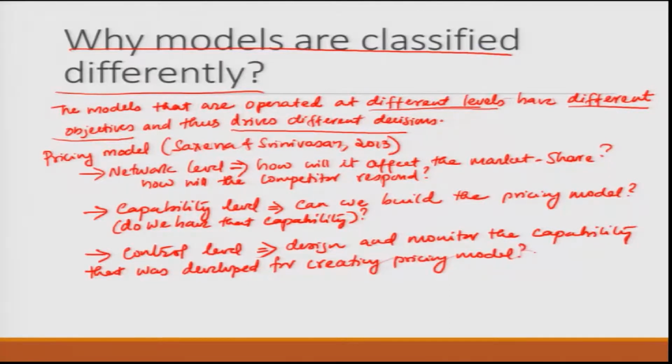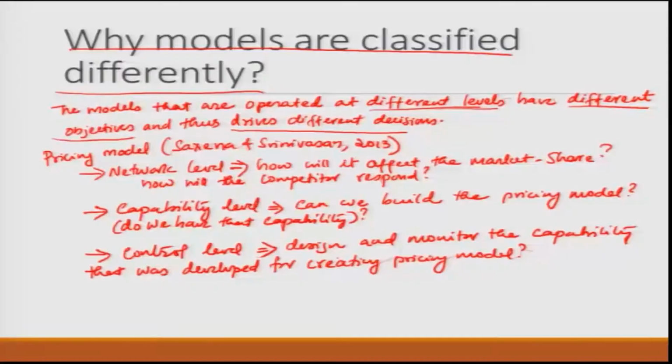So, here we have gone ahead and decided to build the pricing model. We have decided to put in the capability to build such a model. Then the control level will be to monitor whether this capability that we built to develop the pricing model is working properly. Is there anything that needs to be done? Is there something going wrong? If so, what are the changes that need to be made?